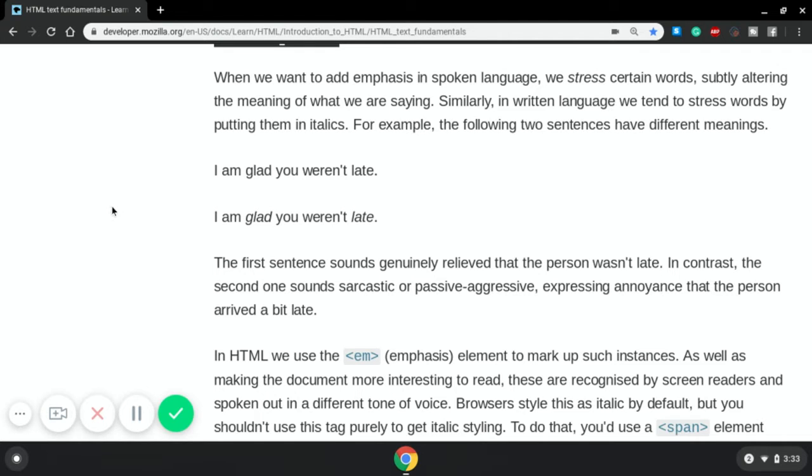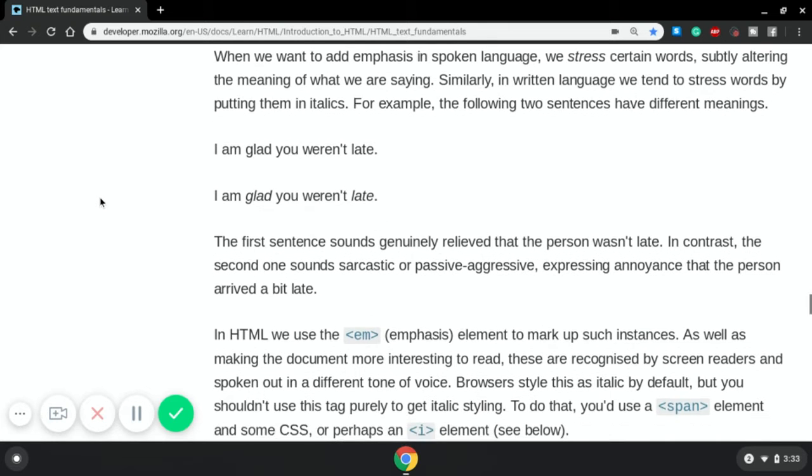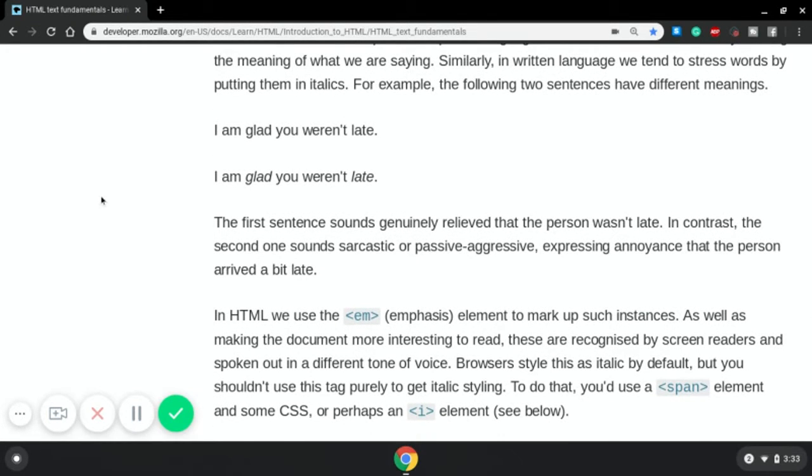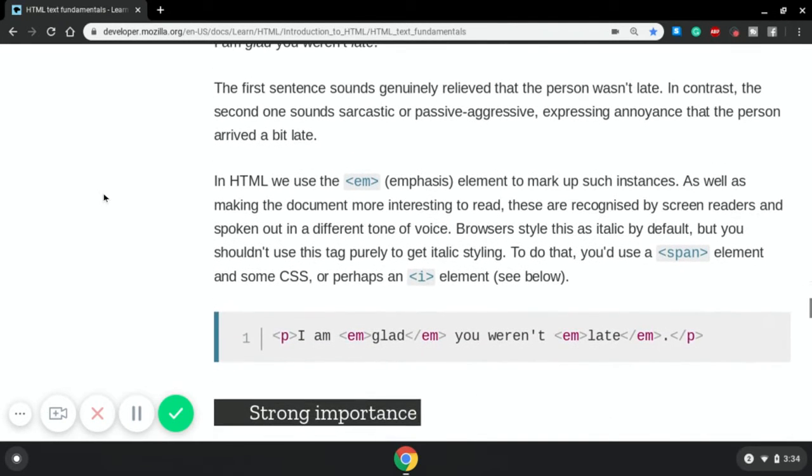For example, the following two sentences have different meanings. I'm glad you weren't late. I'm glad you weren't late. The first sentence generally means that the person wasn't late. In contrast, the second one sounds sarcastic or passive-aggressive, expressing annoyance that the person arrived a bit late.